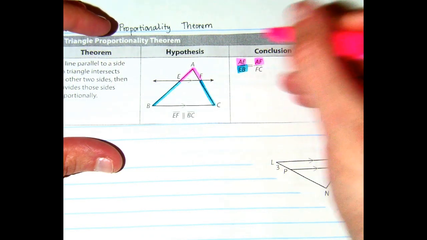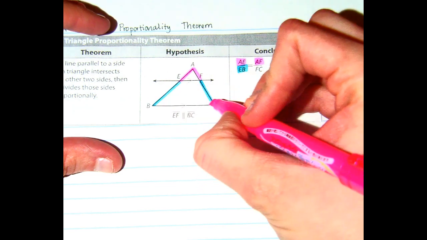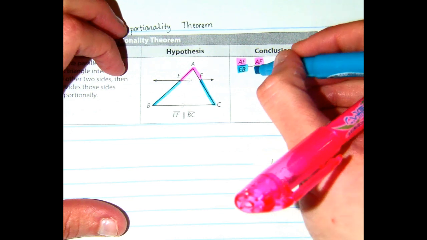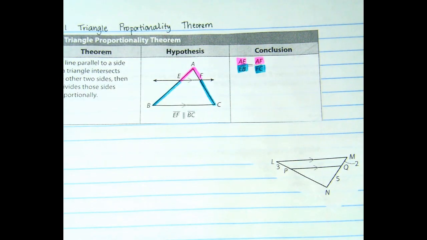So yes, we could prove that the small triangle is similar to the large triangle. However, if they are parallel here, then I know that these are in proportion to each other. So we're going to use that to solve these problems.